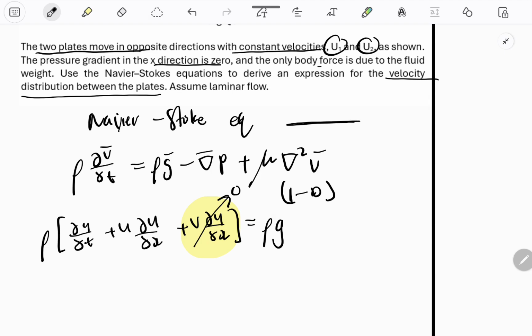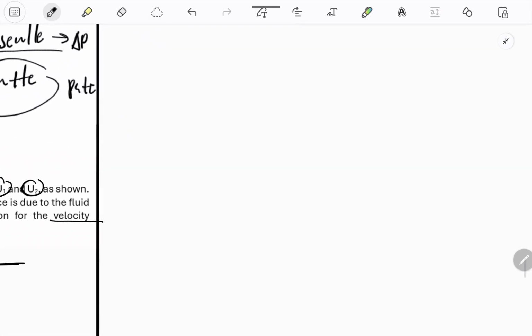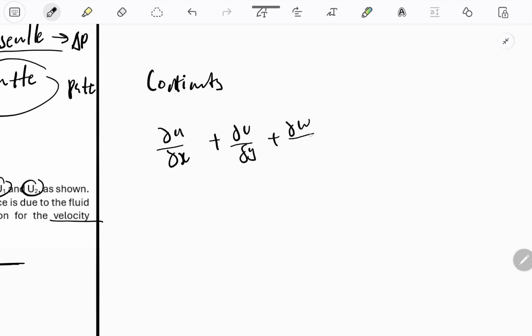So to start my argument very well, I think I have to start with continuity. Every time you have to derive this, continuity is the first thing that you need to look at. Continuity says that du dx plus dv dy plus dw dz should equal 0.